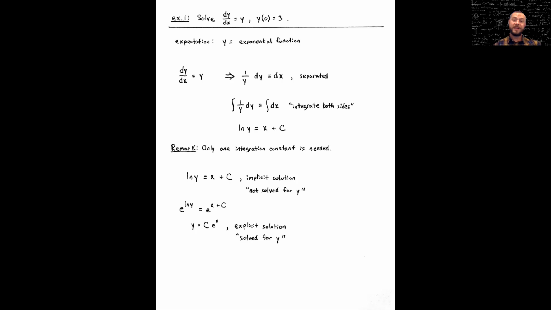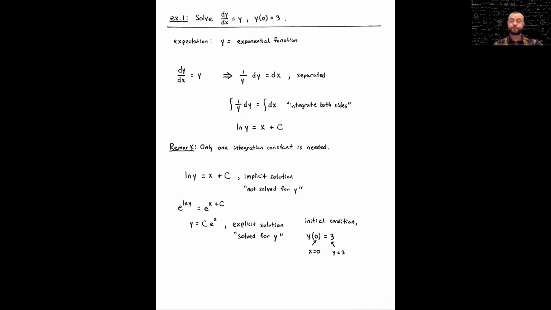All right, the only other thing we need to do to complete this problem is to use the initial condition. And that's just a matter of plugging in an x and y value and then solving for c. So make sure you're comfortable with the notation here. That is not y times 0, but y as a function of x, where we're plugging in x as 0.